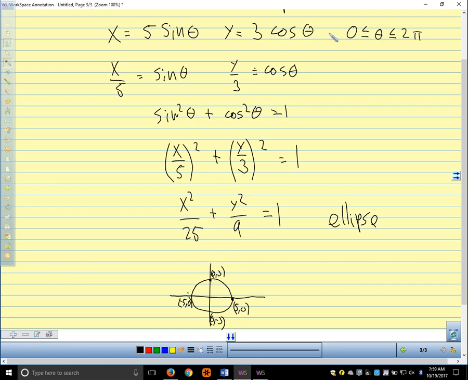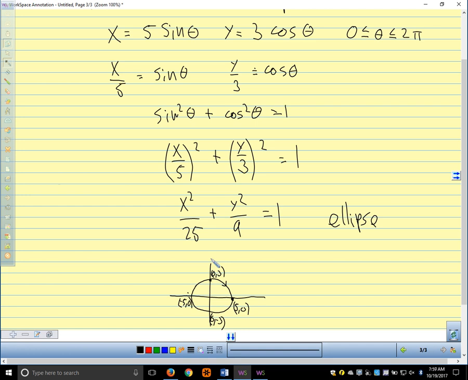When theta is pi over 2, sine theta is 1, so x is 5. There we go. So we're moving that direction on the curve.